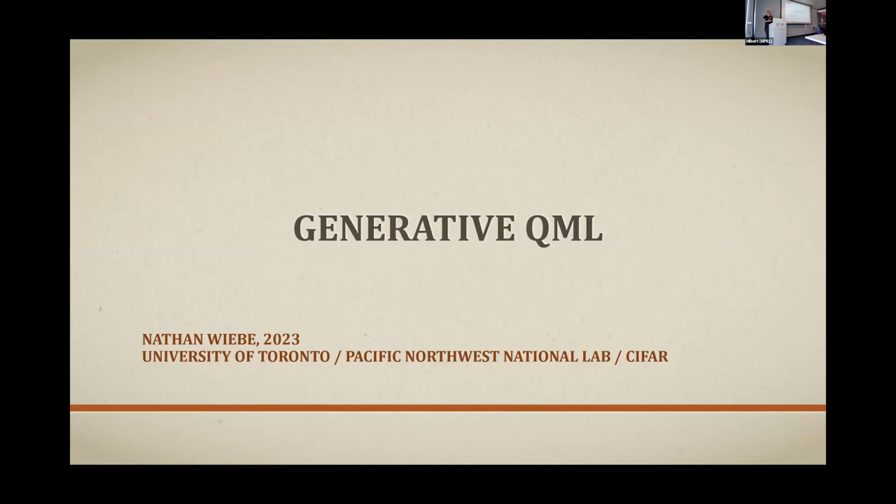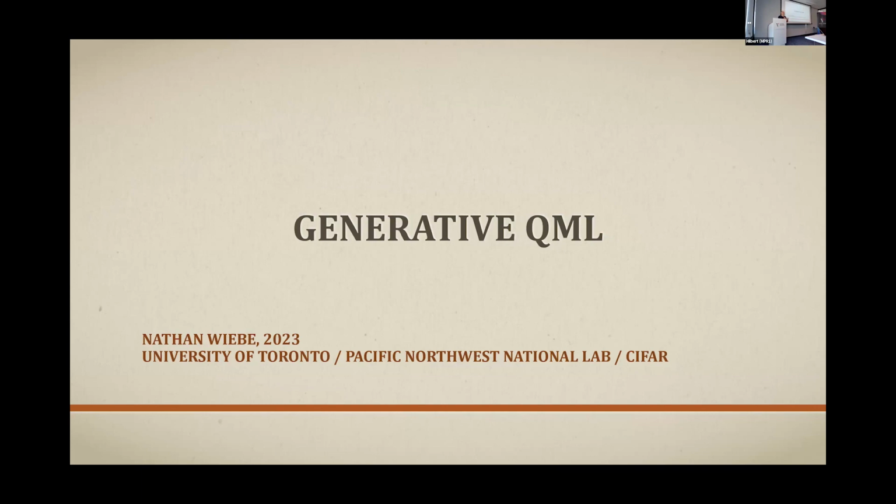So today, what I'm going to be talking about is generative quantum machine learning. In particular, this is something that I feel has been neglected for far too long inside the field of quantum machine learning, in part because so much emphasis until recently in the classical community was largely on discriminative tasks. If you're looking at, say, classification, you can always get good numbers, and bigger numbers are better.